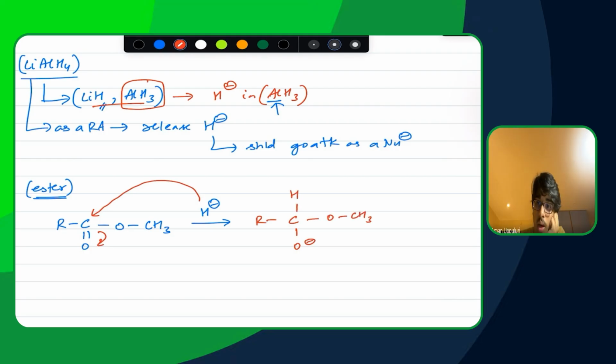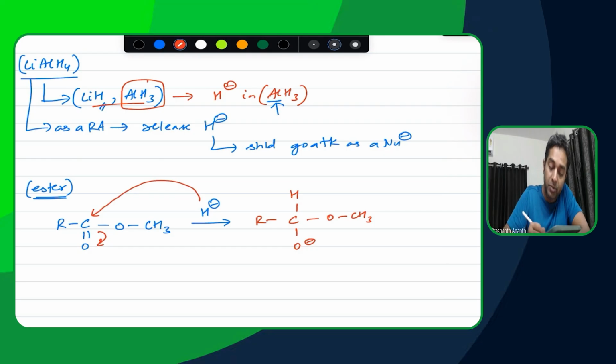Now, is this step reversible? It's a nucleophilic addition step. All nucleophilic addition reactions are reversible in nature, just like all acid-base reactions are reversible. So this is a reversible step.